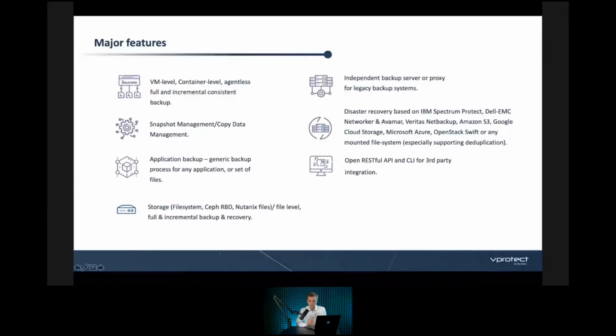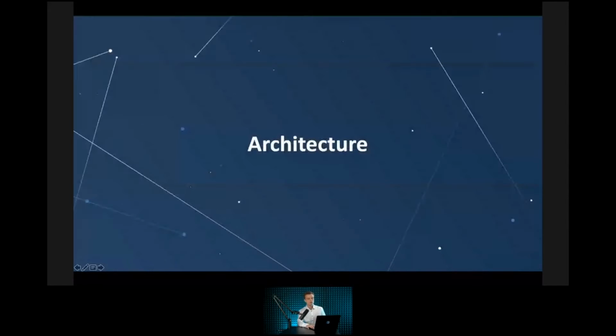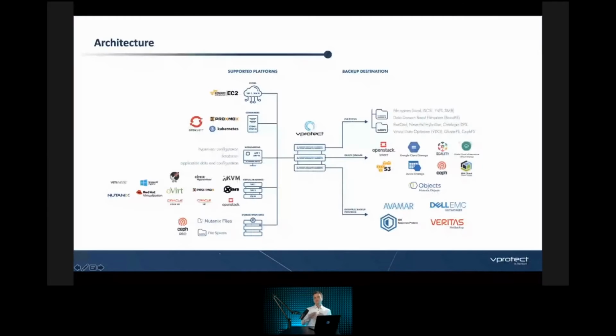When we talk about Ceph RBD data protection, you have to be aware that VProtect in general supports multiple different backup providers. The same as I said about the sources, we are in the middle, and you can later push these backups to multiple targets wherever you would like to store your data. Especially popular is just a plain file system, which can also come with deduplication built in or replication mechanisms.